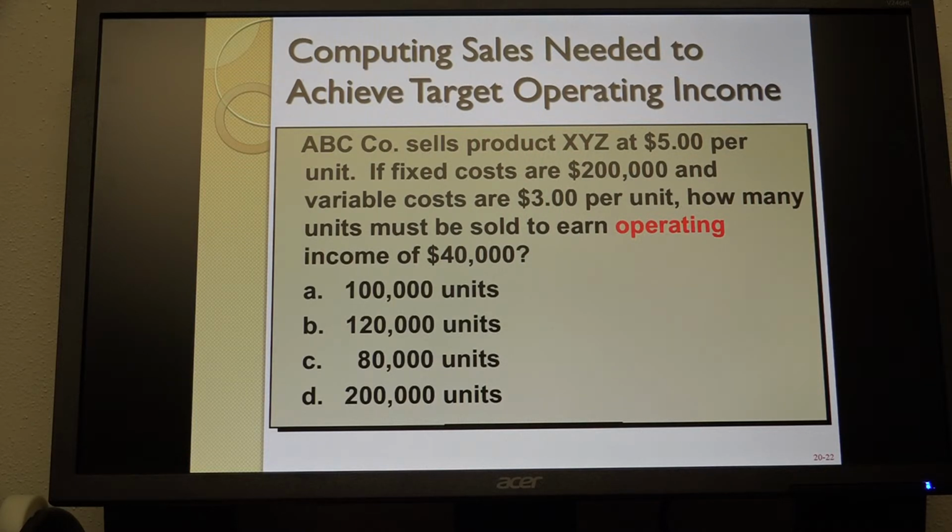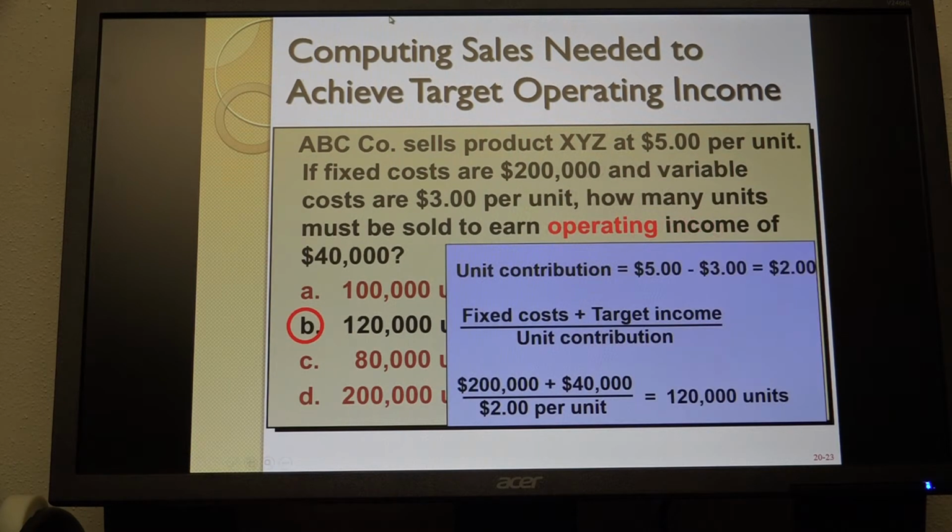Well, your contribution margin per unit is $2 per unit. And so 240,000 divided by $2 per unit is 120,000 units.